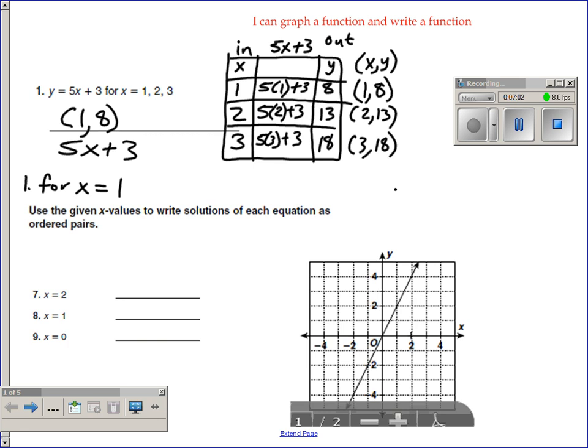And then we should be able to graph that. We follow the X first, because X always goes first. We travel 3 spots, 1, 2, 3 spots on our X, and then we'd go all the way up 18. Make sense to everybody?